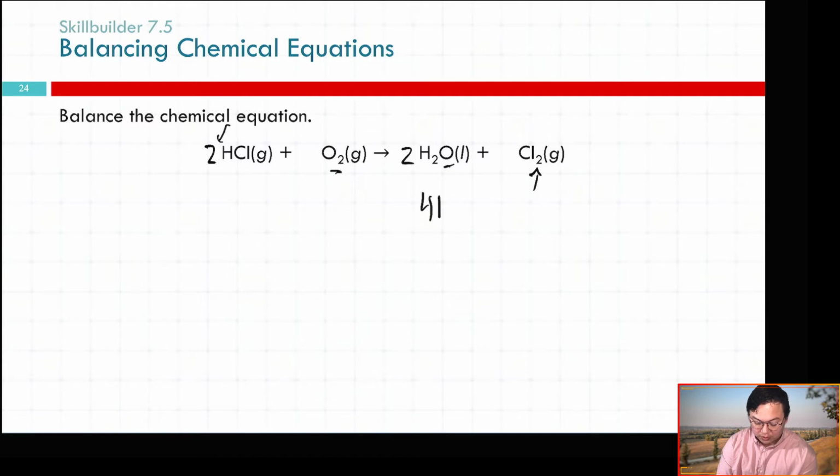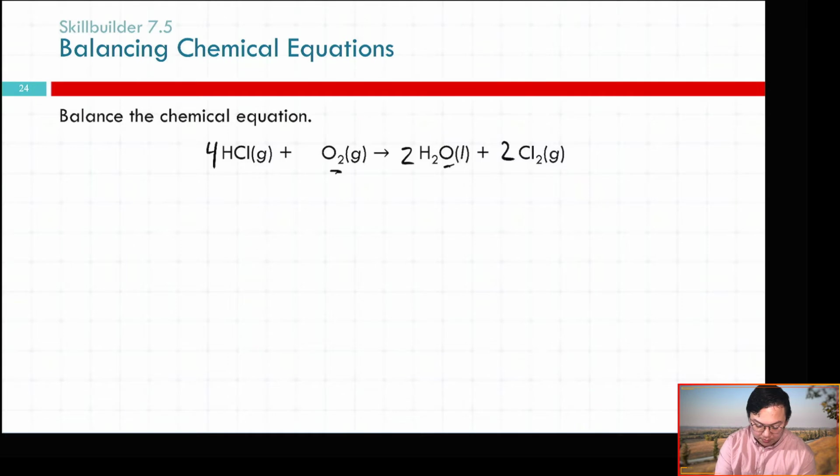So now we have 4 hydrogens on the right, so we can come back and change that. Now we have 4. Now we need to change the number of chlorines, because we need 4. Cl is a diatomic, so there are 2 chlorines there. So we just multiply this by 2.